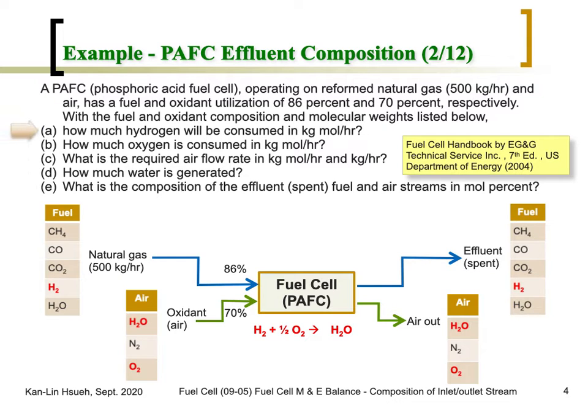First they want to know how much hydrogen will be consumed in kilograms, second how much oxygen is consumed in kilogram moles per hour, then the required airflow rate, then how much water will be generated, and last the composition. Now we're going to calculate each one by one.